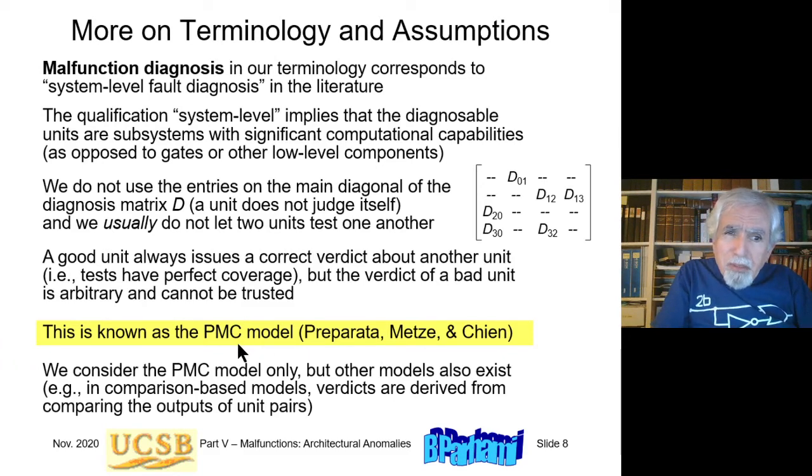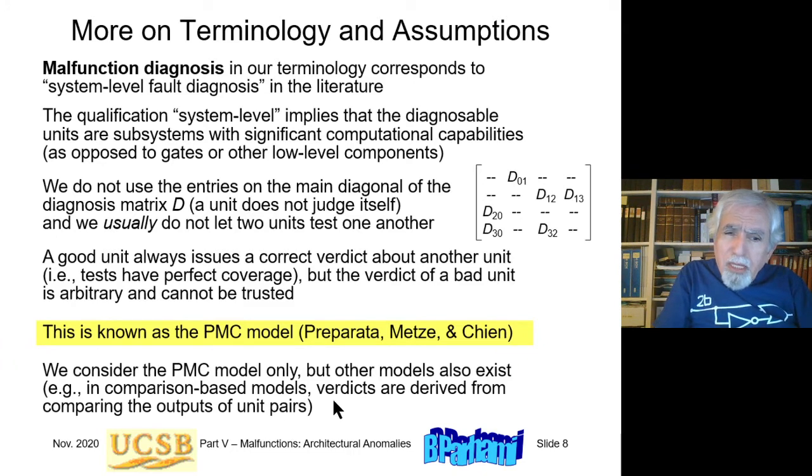Now this model that I just described is known as the PMC model. It is the most commonly used model of malfunction diagnosis. And PMC stands for the initials of Preparata, Metze, and Chien, the three researchers who basically first dealt with this model.